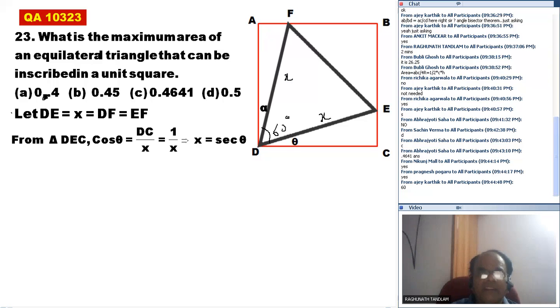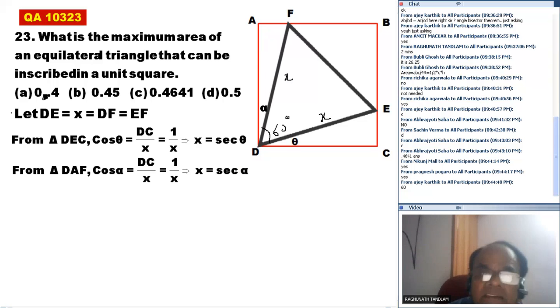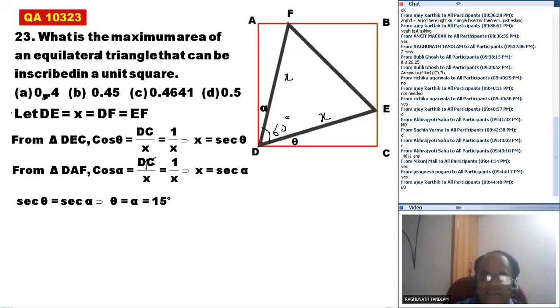Similarly, from triangle BAF, cos alpha is DF by X. X equals secant alpha. That means secant theta equals secant alpha, which means theta equals alpha equals 15 degrees. Are we clear? Secant theta equals secant alpha. That means theta equals alpha equals 15 degrees.